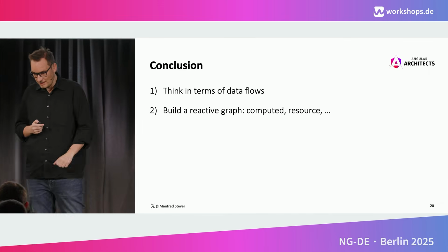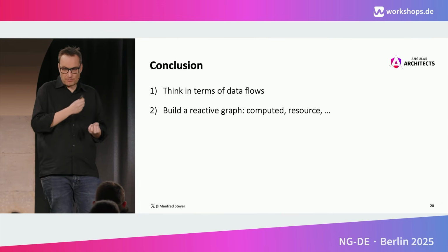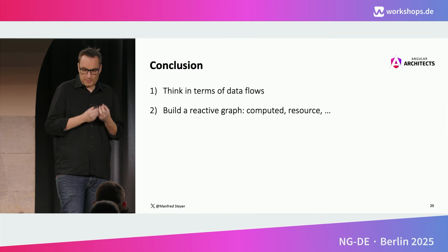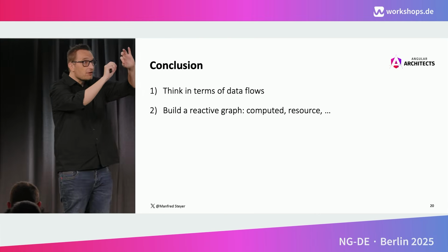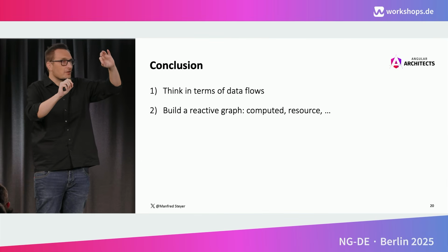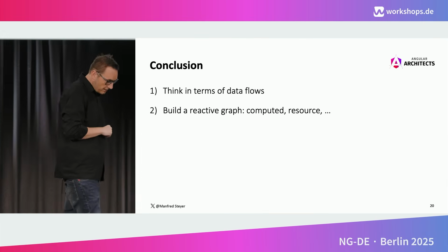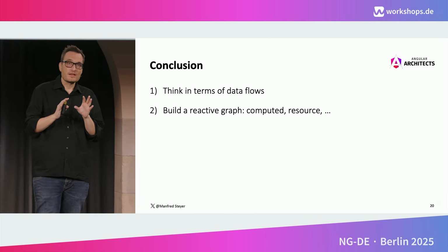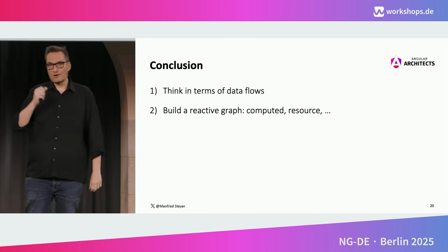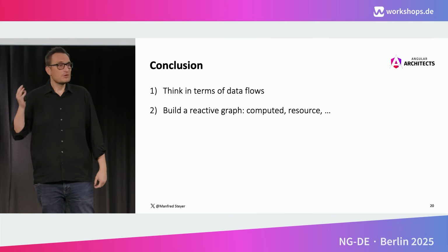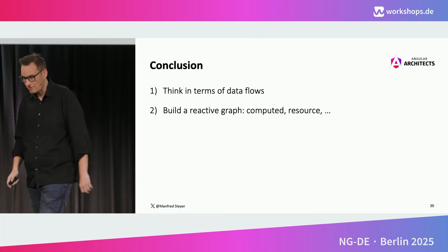The second thing is we should use functions like computed or resource to build a reactive graph, to derive some data items from other data items so that we see how data is flowing down. And as a rule of thumb, when the derivation is synchronous, you go with computed. If the derivation is asynchronous, like fetching data from somewhere, you go with the resource.